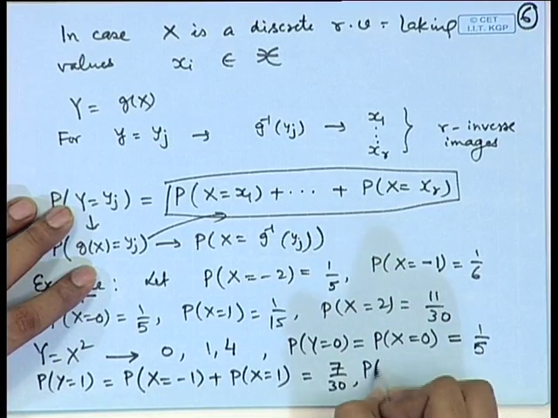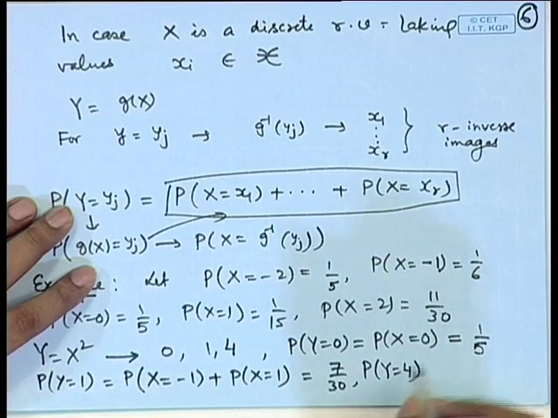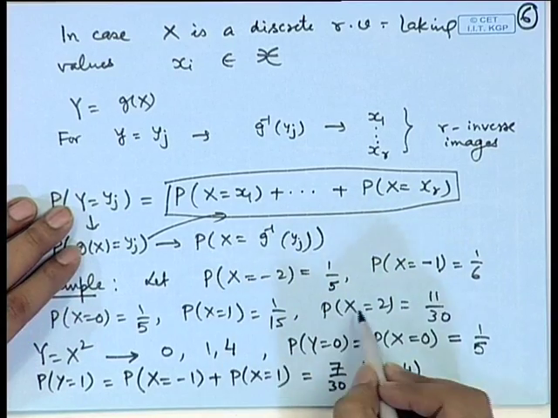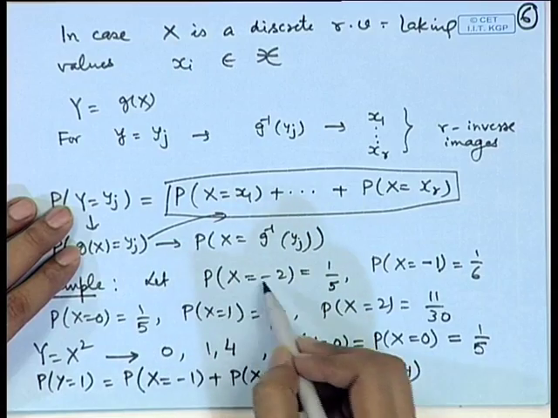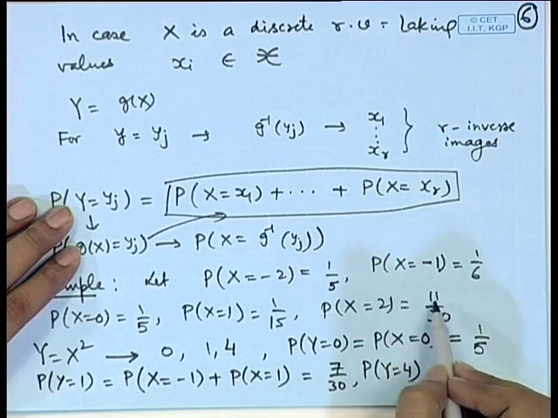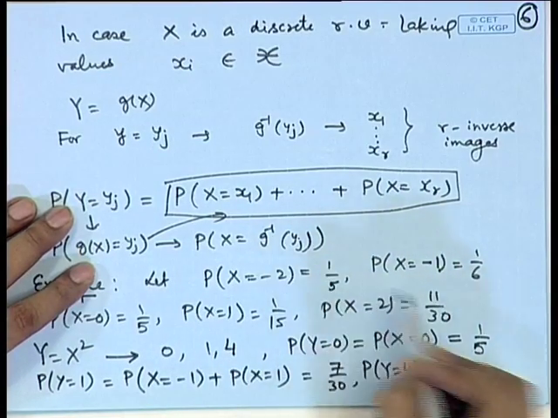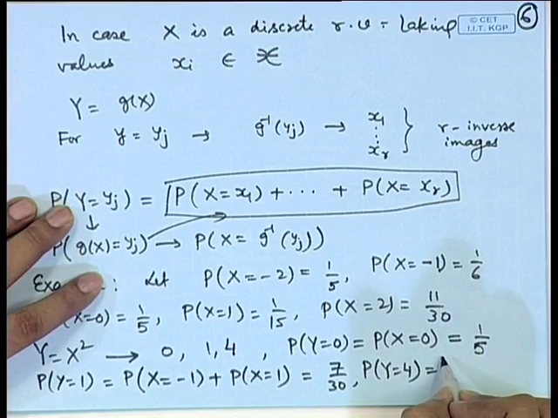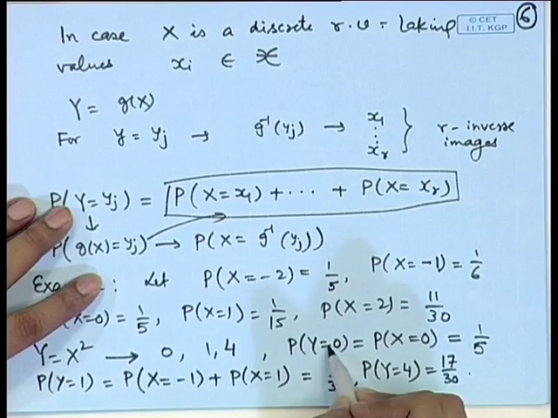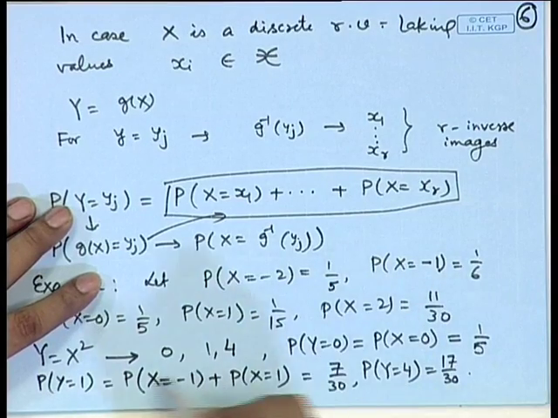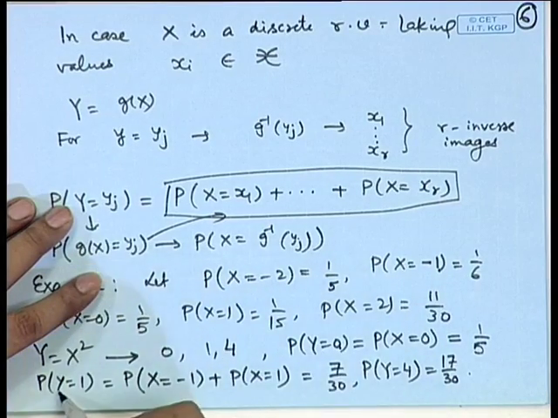In a similar way, probability y = 4 will be probability of x = minus 2 plus probability x = 2. So, we add 1 by 5 and 11 by 30, which leads to 17 by 30. So, the probability distribution of y is described by probability y = 0, probability y = 1 and probability y = 4.